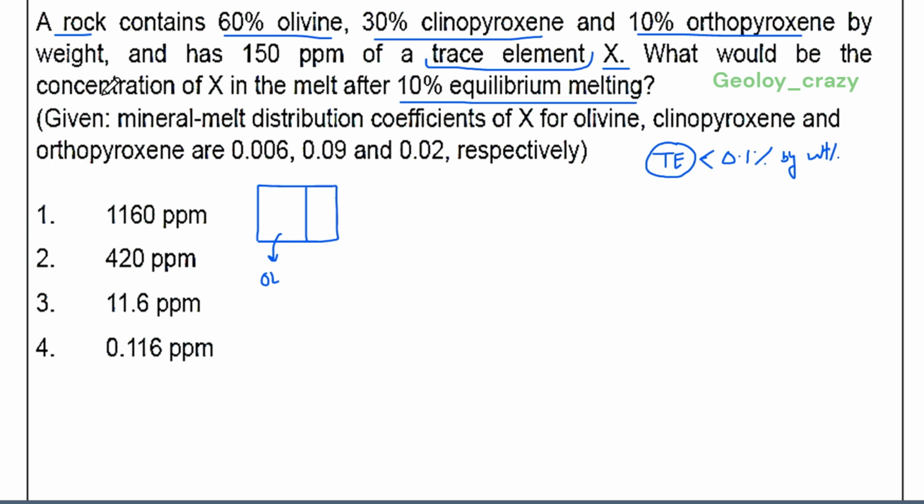And 30% we have CPX, and 10% we have OPX. In the whole rock, X is the trace element whose value is 150 ppm.